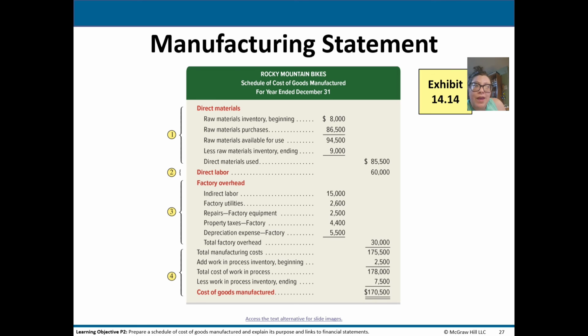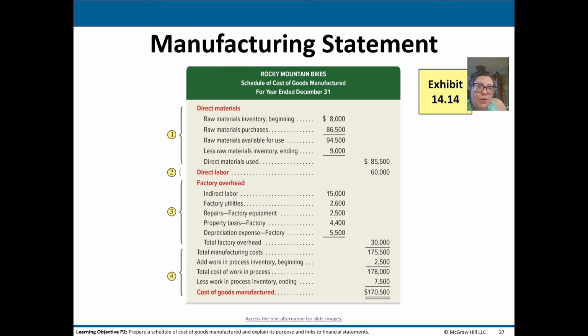So when they did their count at year end, it shows that they have $9,000 in ending raw materials inventory. So if $94,500 of materials were available and $9,000 of materials remain, then that means that $85,500 of direct materials were used during the period.